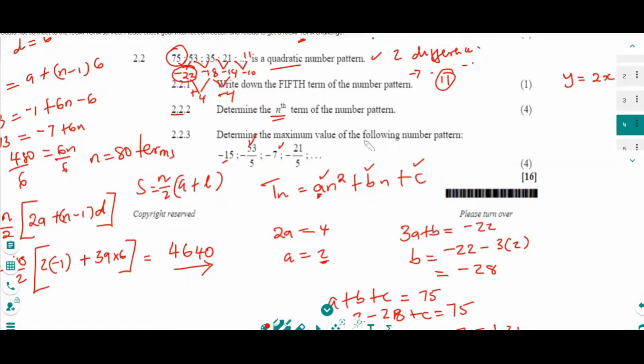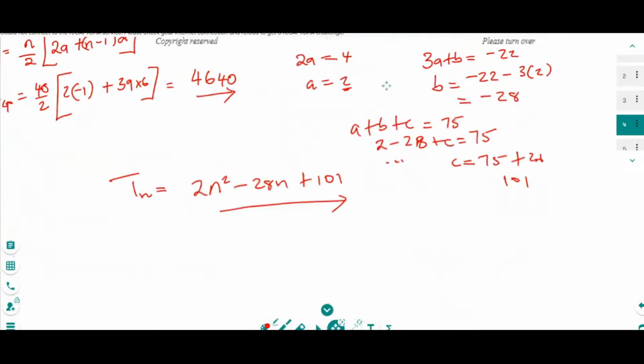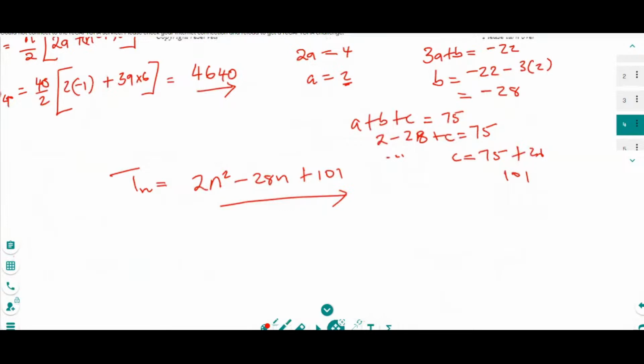So for me to get the maximum value, I need to first of all determine the Tn of this new pattern of ours. So what I'll do, since the patterns just look more or less the same, but just with a division of negative 5, I can get my general term of the quadratic and multiply it.